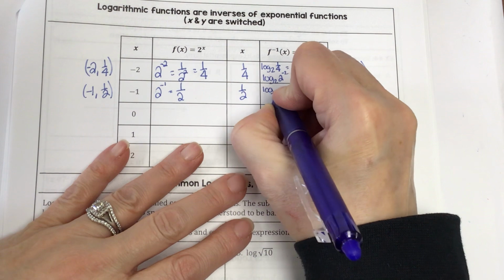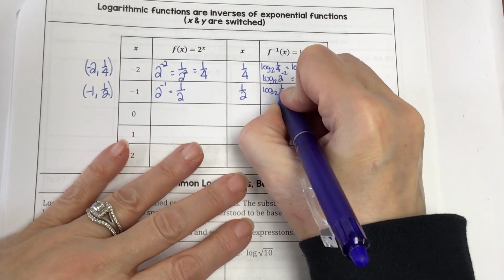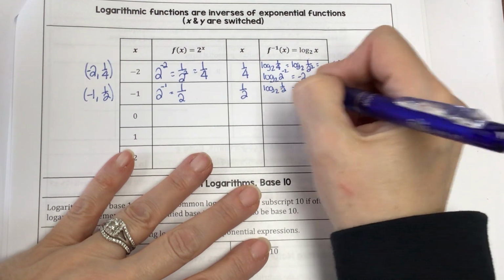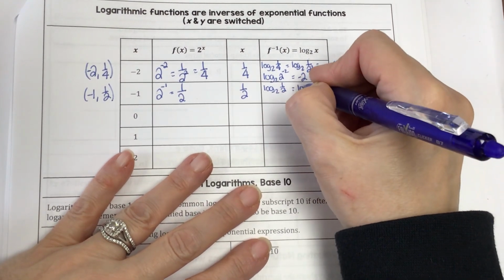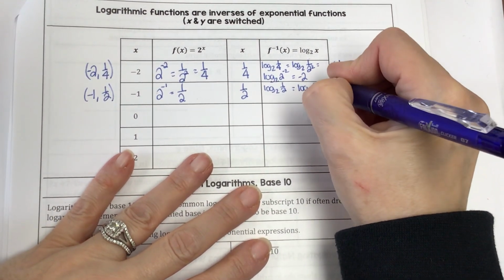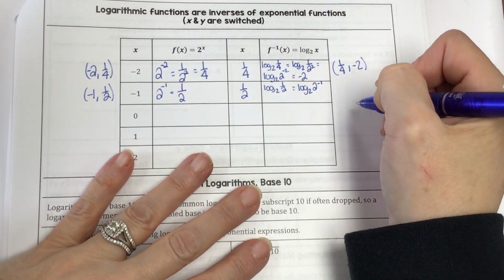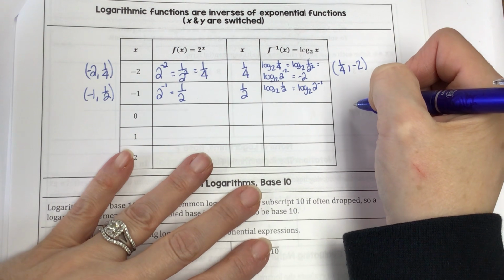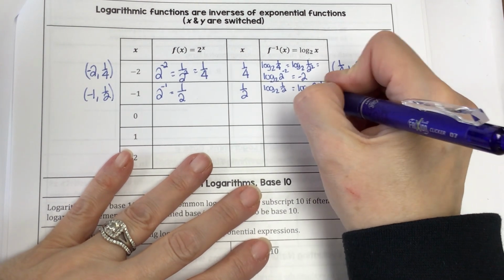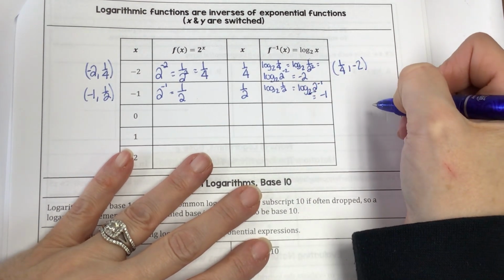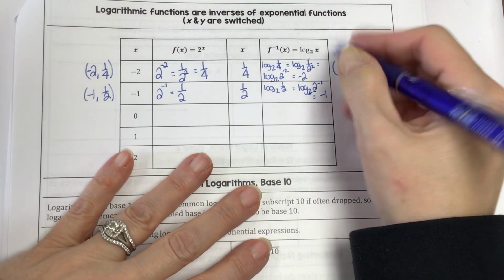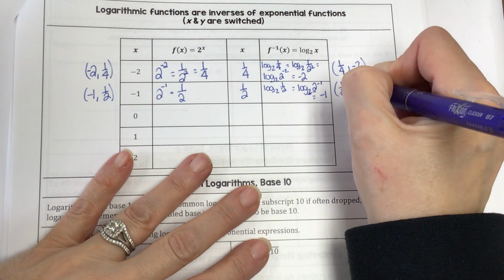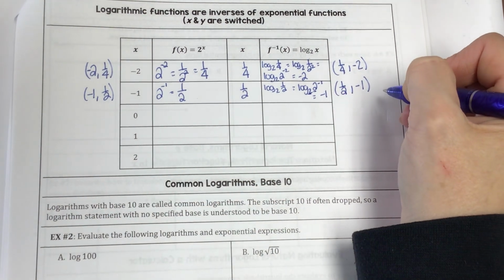So we'd have log base 2 of 1/2. Well, we know that we need that 2 in the numerator. So when I move it to the numerator, I have to have a -1 for my exponent, don't I? And that tells me when these two match, it would equal the exponent, which is -1. So for my inverse function, when x is 1/2, y is -1.